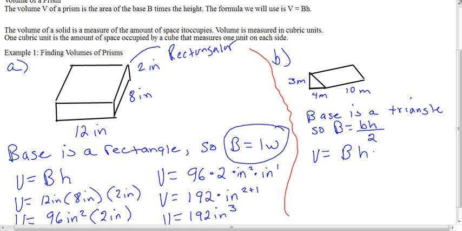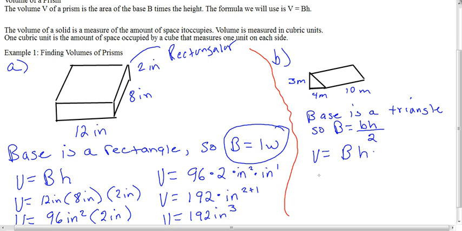It's still base times height, which is what we have here, but when we look at the big B, it's 1/2 the base times the height, and we're talking about the base of the triangle. If you're familiar with it, this is the formula for the area of a triangle. So that's what we're doing with the big B, finding the area of a triangle and then multiplying times the height. If you notice, this box is laying down. If we stand it up, it'll stand up on its base, so it'll stand up on the triangle, and that'll show you what the height is.